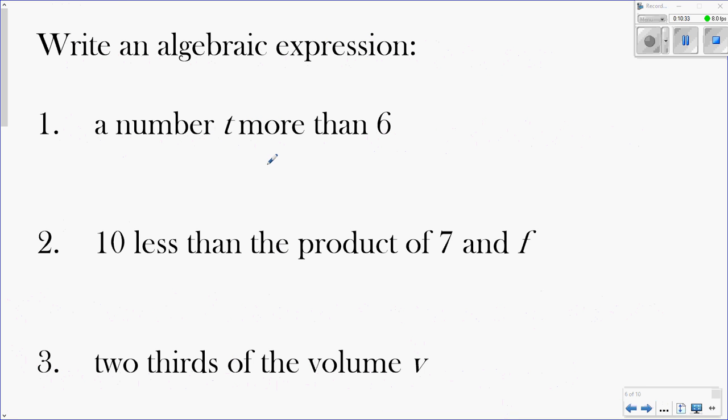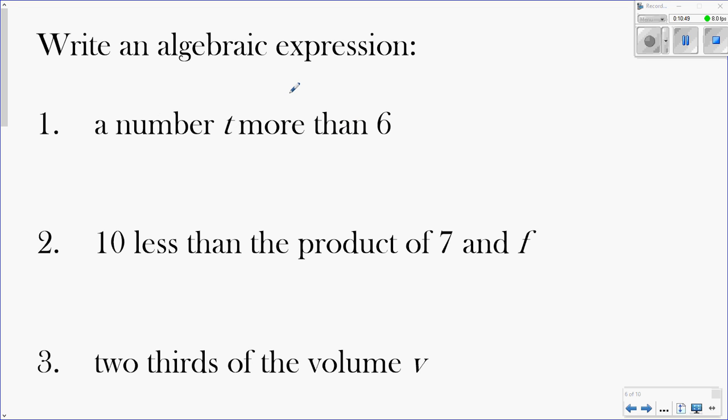All right, so the next example is asking us to write an algebraic expression. The first one says a number t more than 6. So we have the number which is t because we don't know what number it is, more than.